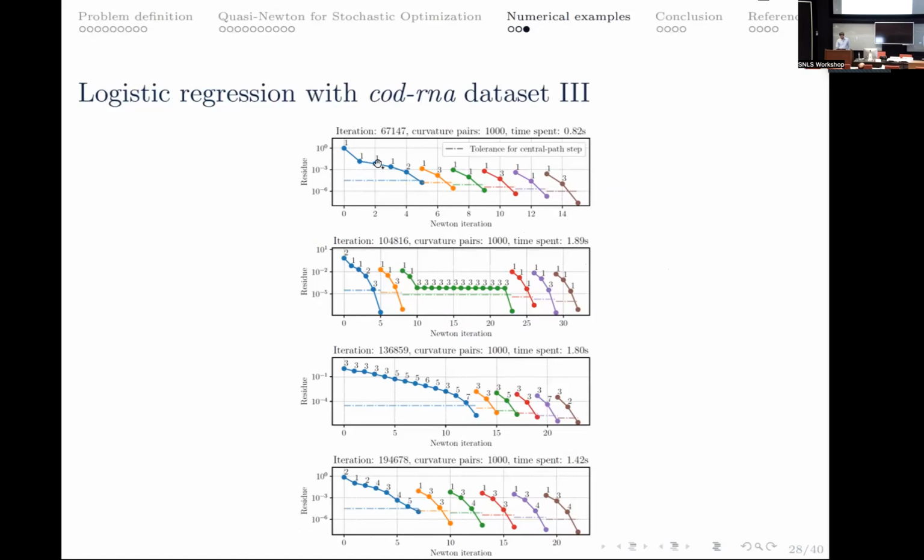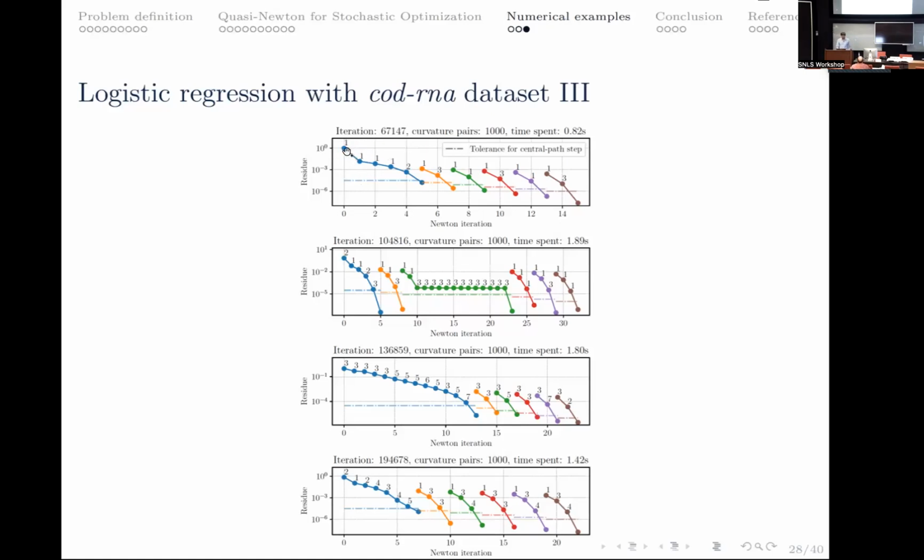So in each color, I have a different path following step, meaning that I start with some large beta. When I reach this threshold, I decrease beta and I repeat until I get to the desired tolerance. So each dot here is a Newton step. And these black numbers on top of each Newton step are the number of conjugate gradient iterations that were needed to find the Newton direction, which is our cost.